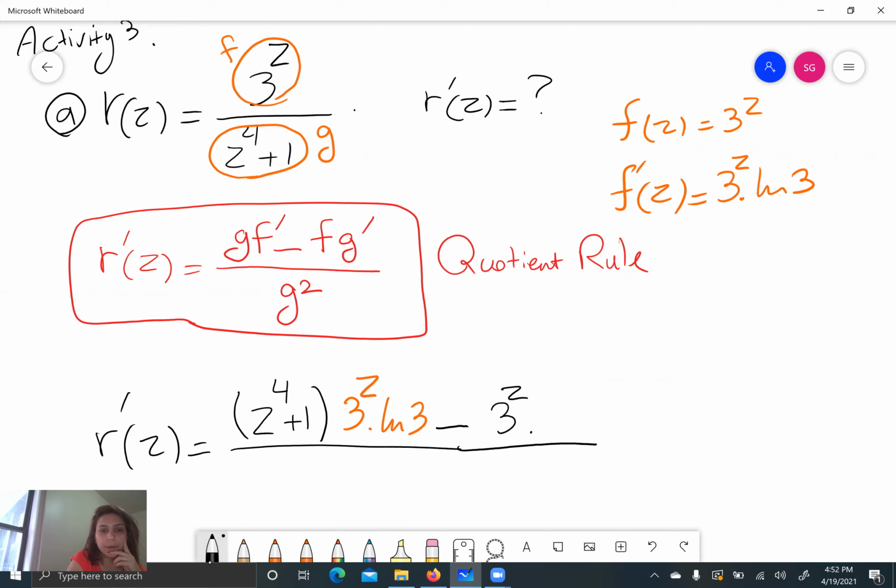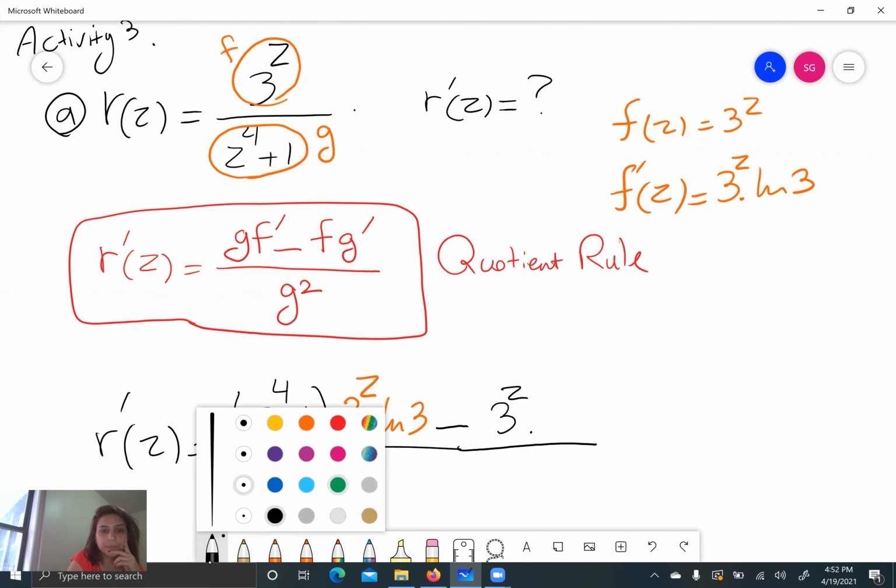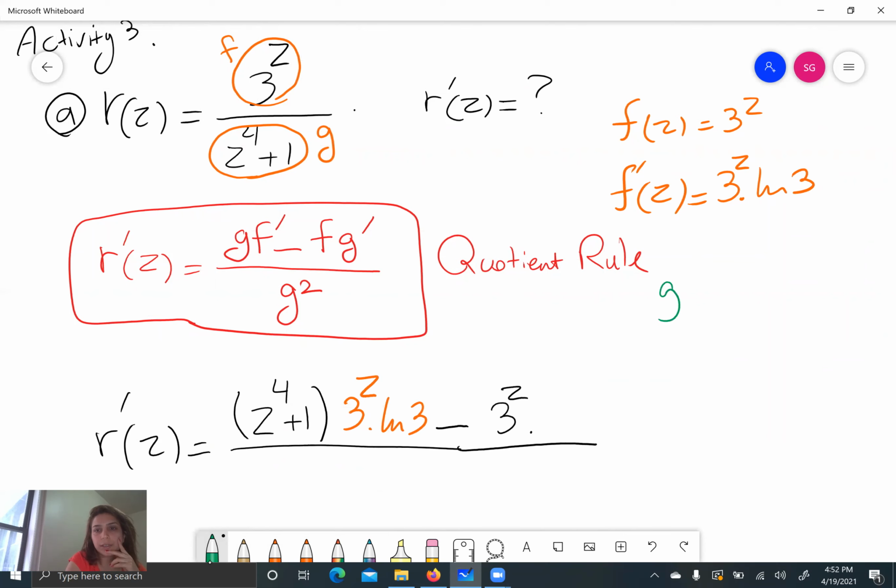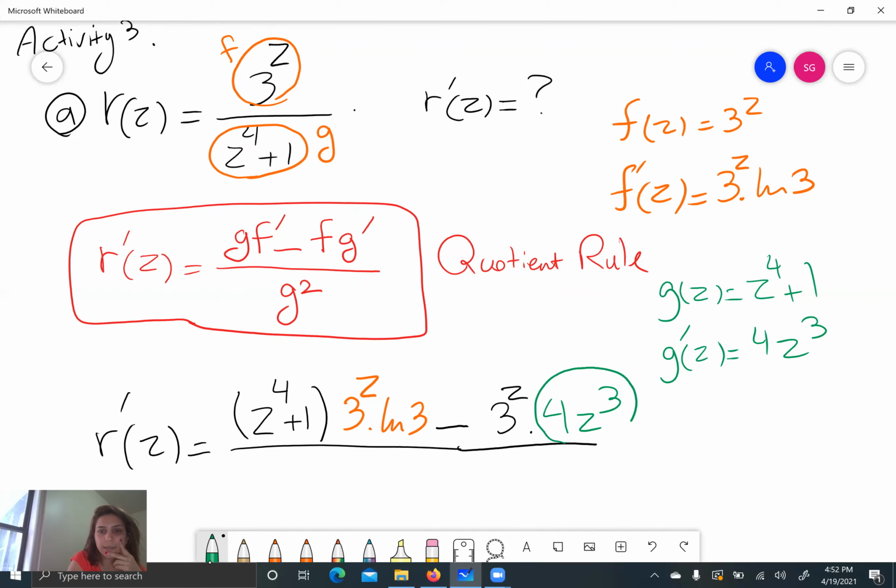What is G prime? G is the function in the denominator, Z to the 4 plus 1. G prime is 4Z cubed. So this is just G prime, and this right here is just the F prime.